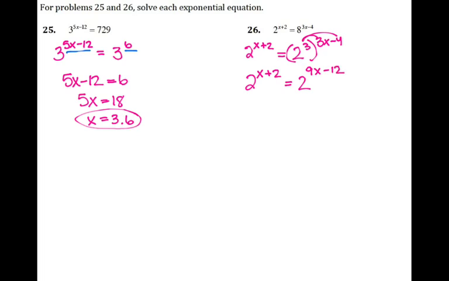Bases are the same, so I can drop my bases and just focus on those exponents. So I have x plus 2 equals 9x minus 12. Subtract x from both sides, add 12 to both sides. So let's see, I got 14 equals 8x. Divide both sides by 8, so I get x equals 1.75.